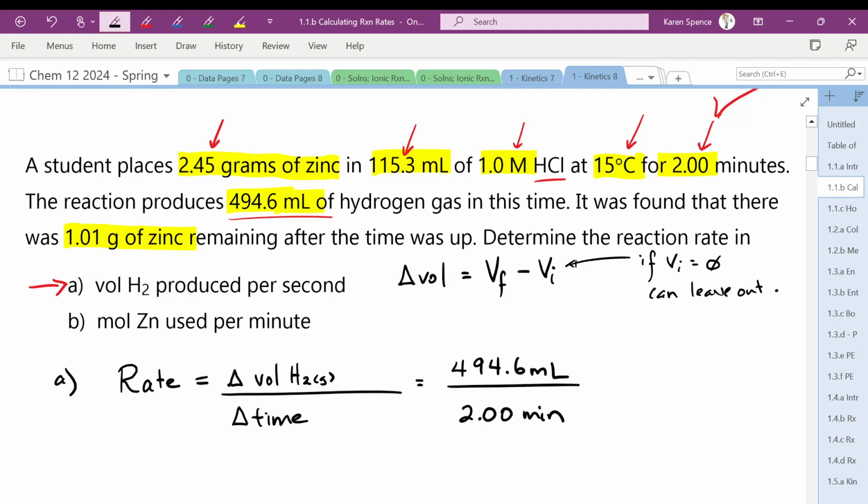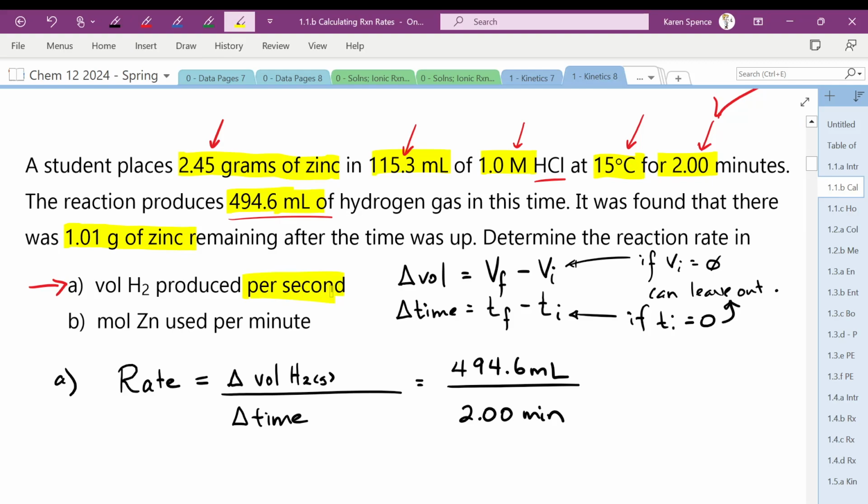Okay, and technically same thing with our change in time. It would be the final minus the initial, but again, if Ti equals 0, we can leave it out. And we can just say, okay, it's just 494.6 milliliters over 2 minutes. And the only thing that we need to do here is, what is the question actually asking us for? If we just divide this, am I going to get my final answer? No, because it says it wants it per second.